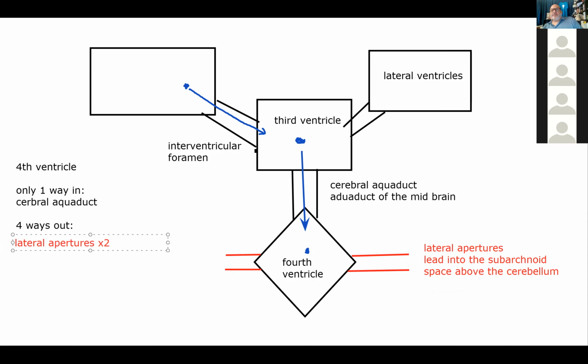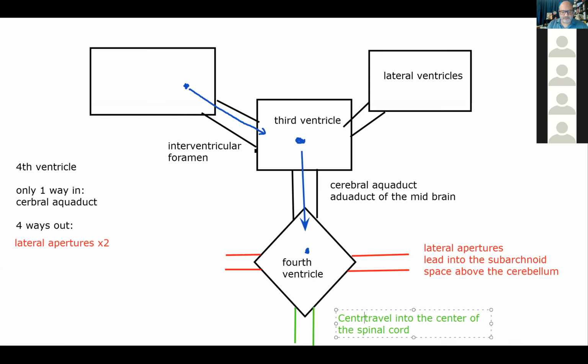The third option is actually to continue out of the brainstem and travel down into the center of the spinal cord. This is a space known as the central canal.